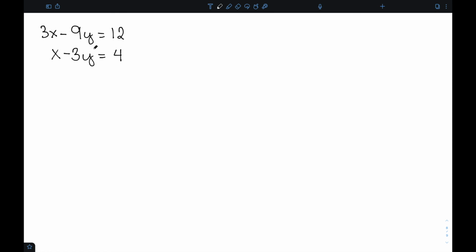For my final example, let's look at 3x minus 9y equal to 12 and x minus 3y equal to 4. I'm going to solve my second equation for x. In order to do that, I will add 3y to both sides to get x equal to 3y plus 4.